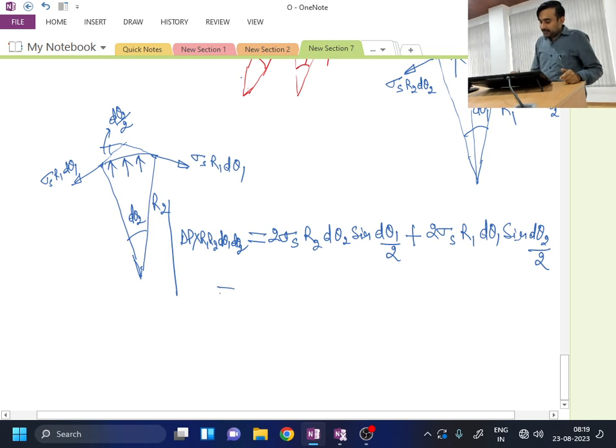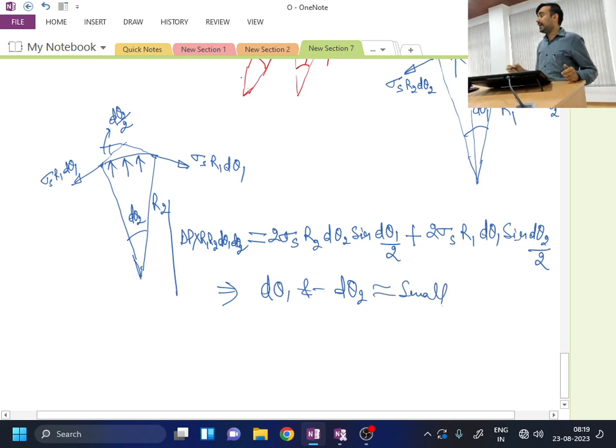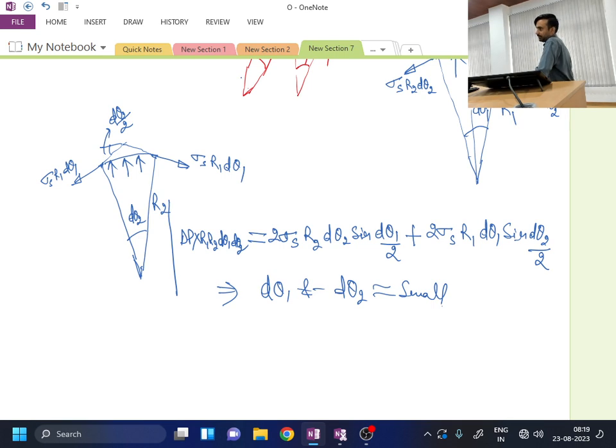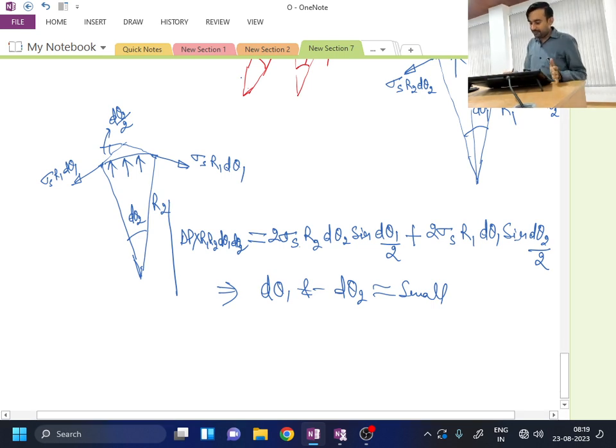So considering the fact that d theta 1 and d theta 2 are very small, sin d theta 1 and sin d theta 2 will be nearly equal to d theta 1 and d theta 2. Okay, so from here I will find that d theta 1 and d theta 2 will cancel out on both sides.